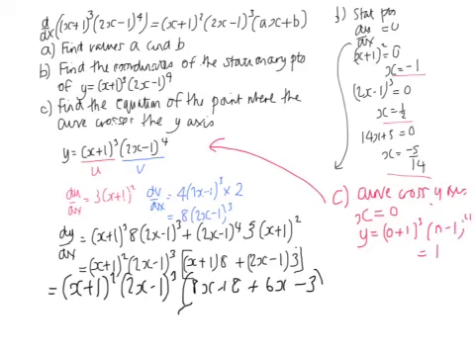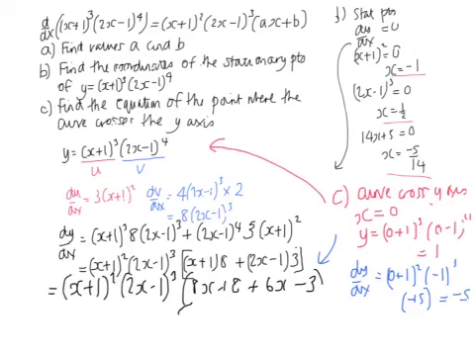That all just comes to 1. The gradient we need to know, so we need to use our dy by dx here. So dy by dx, when x is 0, is (0 plus 1) squared, (2 lots of 0 minus 1) cubed, and (14 lots of 0 plus 5). Okay. So that all comes to minus 5.